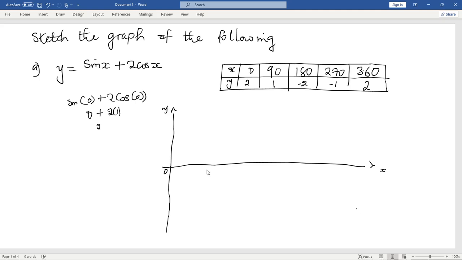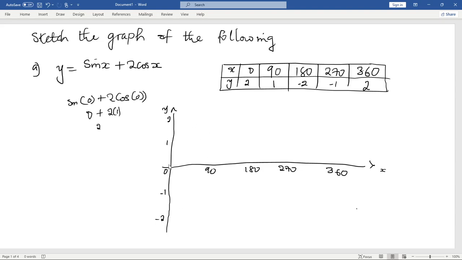So we have our 0 here, 90, 180, 270, and 360. Then the values that we have here, we have a 1 and a 2, and this side we have a negative 1 and negative 2.